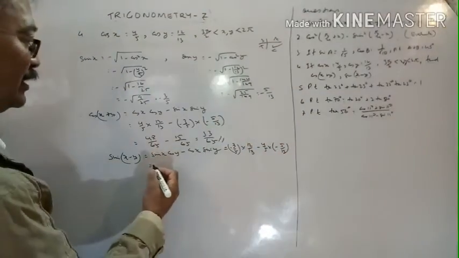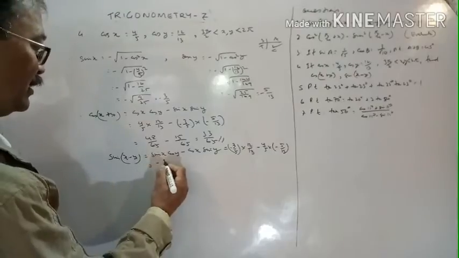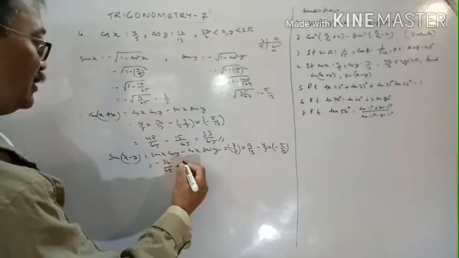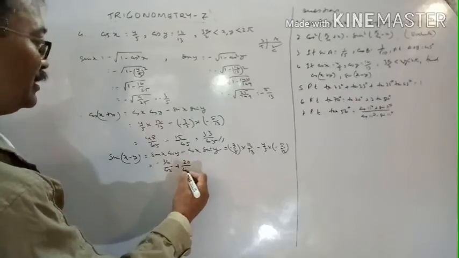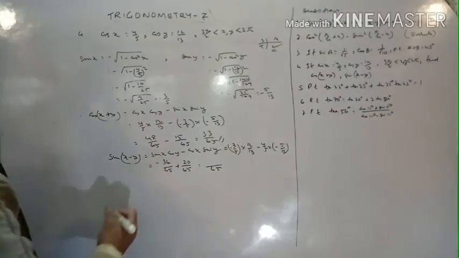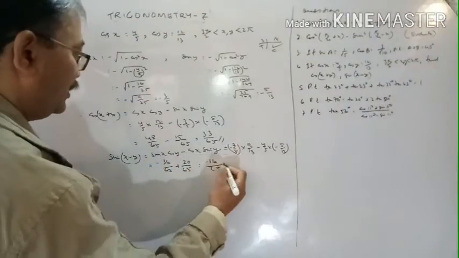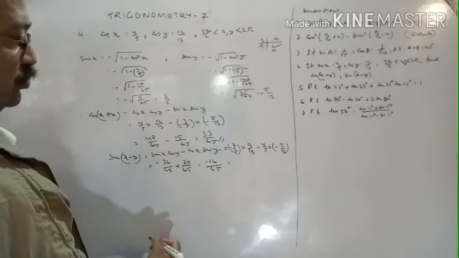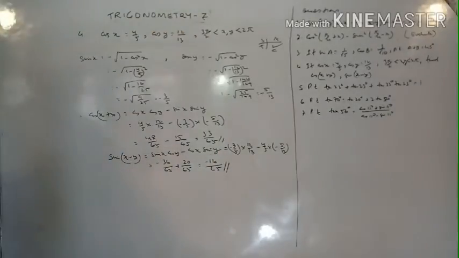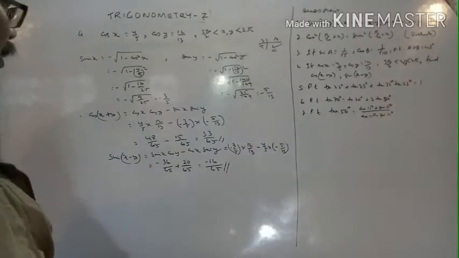If you multiply here, minus 36 by 65 minus minus plus 20 by 65. If you take LCM 65, minus 36 minus 20 will be minus 56 by 65, so you can get this as minus 56 by 65.